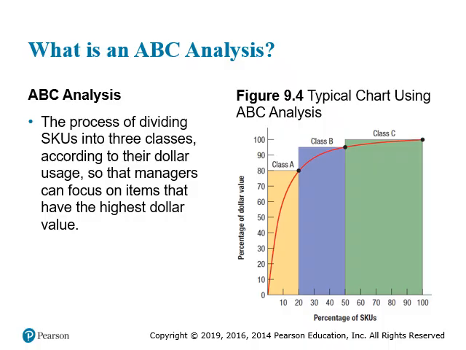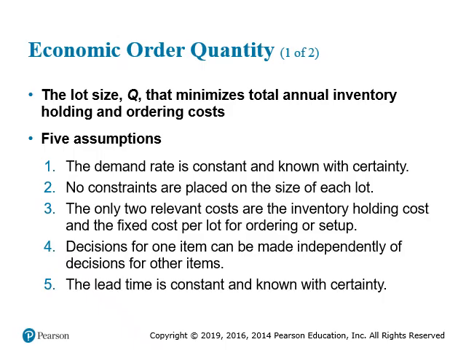The key point is it's important for us to classify our inventory so that we can build inventory policies that are suitable to the item that we're managing. And that's what ABC analysis does for us. On the last slide, we said ABC analysis would help us set a policy for inventory items.